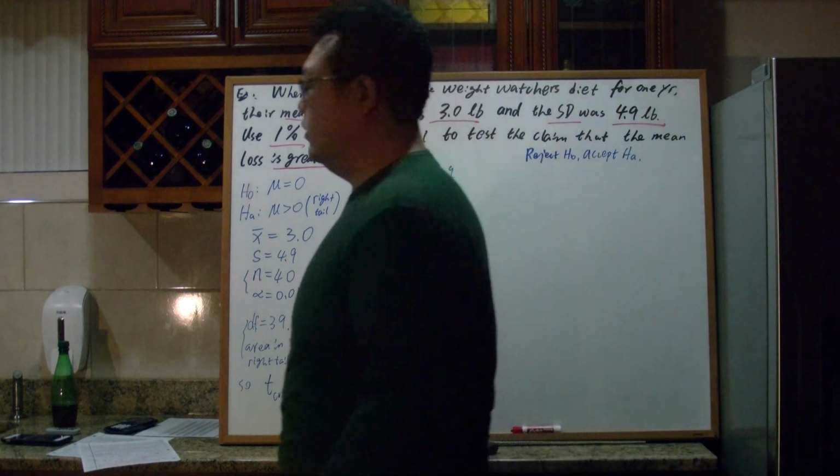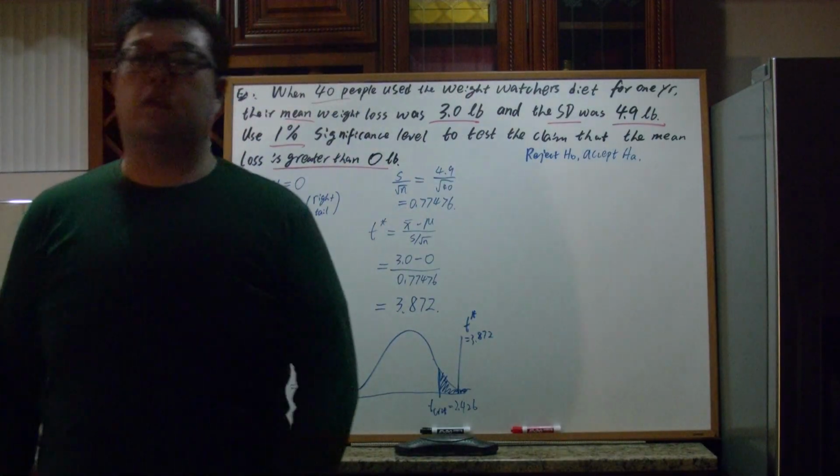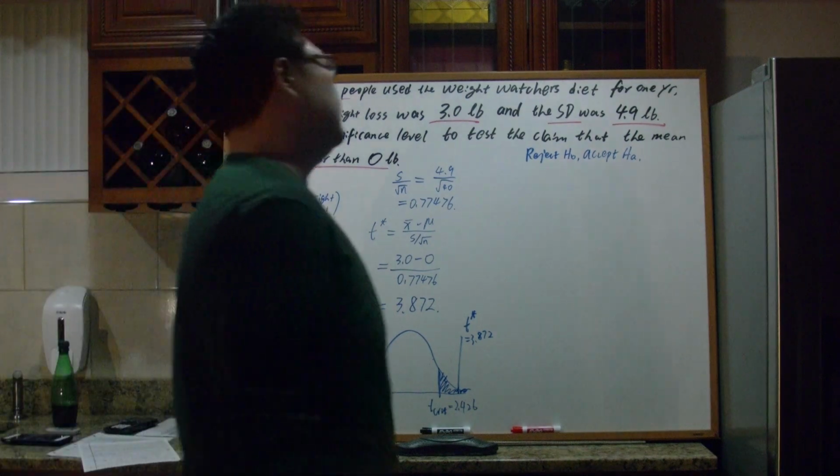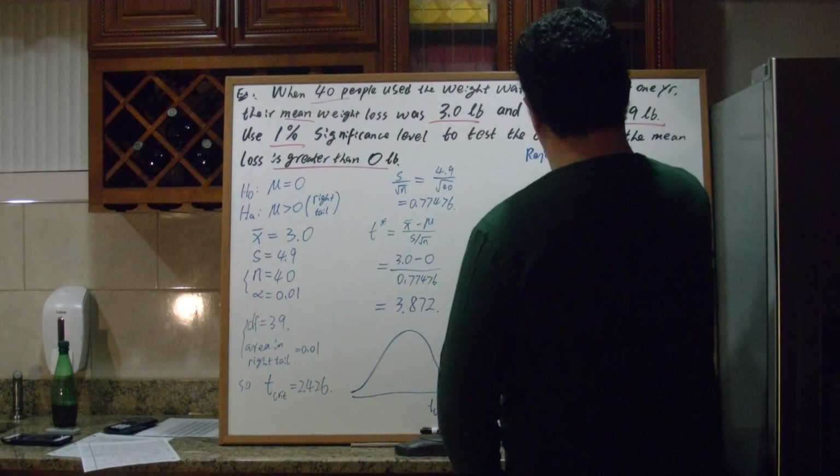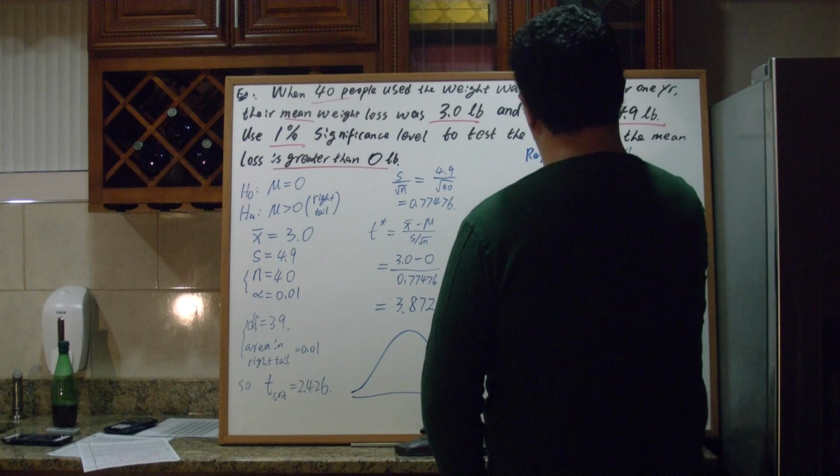When we reject the null hypothesis, what we're actually doing is accepting the alternative hypothesis: the mean is bigger than 0.